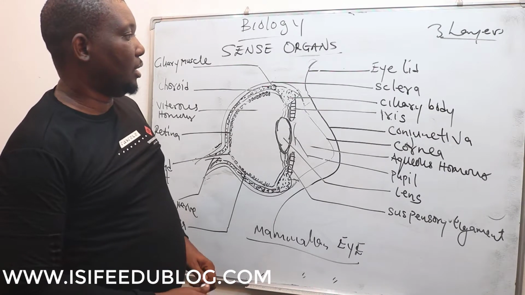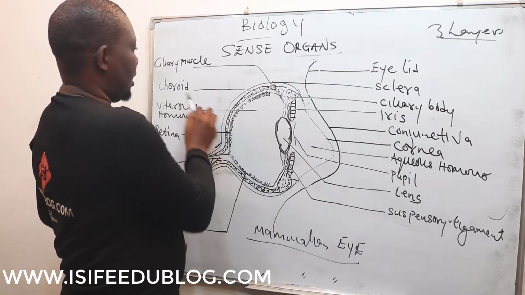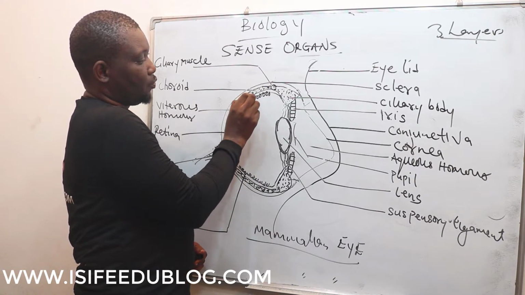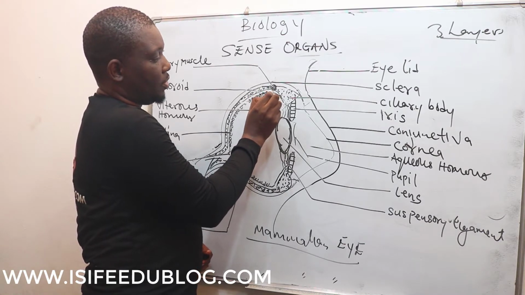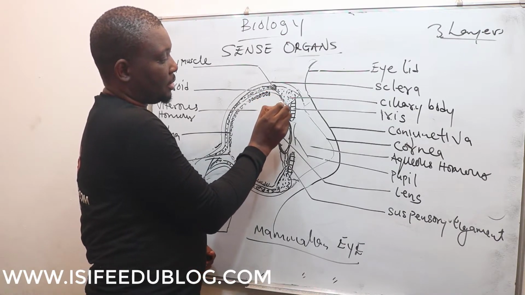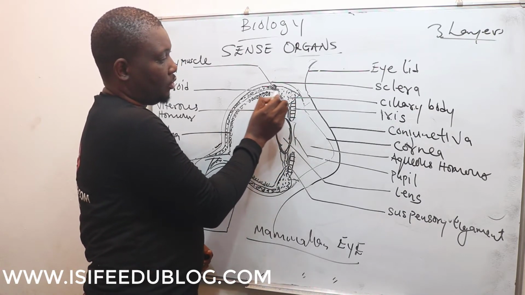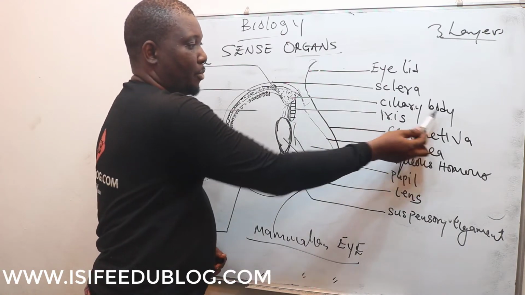The ciliary body is an extension of the choroid. The choroid, which is well supplied with blood, forms a muscle here called the ciliary body.